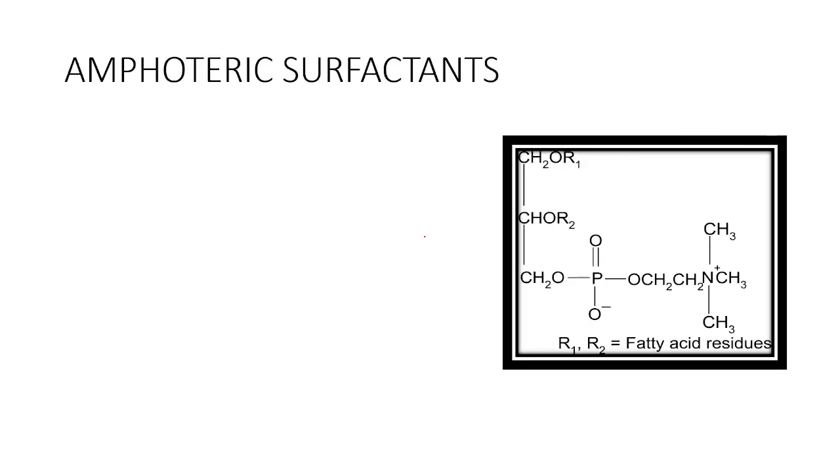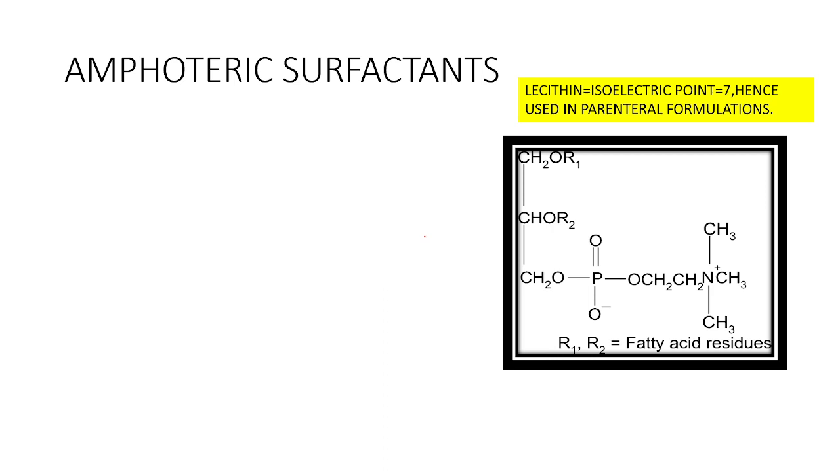Next one is amphoteric surfactant. For amphoteric surfactants, the best example is lecithin. Amphoteric surfactant is one that contains both negative charge and positive charge. See, at the isoelectric point, that is a particular pH, at pH 7, both positive charge and negative charge can be displayed.